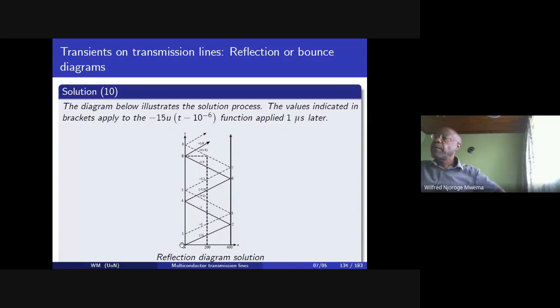And then at 1 microsecond later, we apply another wave that is negative, and it will go in that direction as well. Remember, the reflection diagram does not talk about the sign of the magnitude of the signals on the line at all. We are just dealing with how they are propagating on that line.